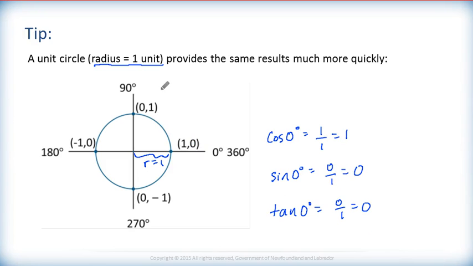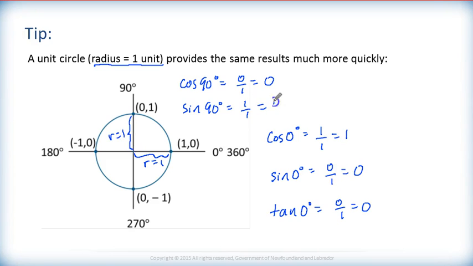Let's try it for the 90 degree angle. The cosine of 90 degrees: the x-coordinate is 0, and the r value is 1, so that would be 0. The sine of 90 degrees is the y-coordinate, 1, over the r value, 1.